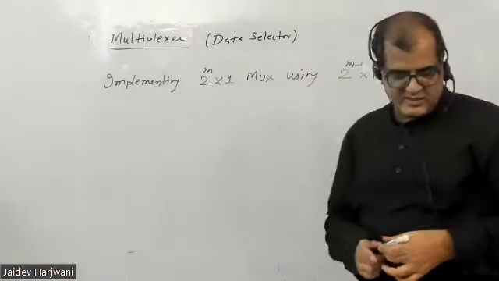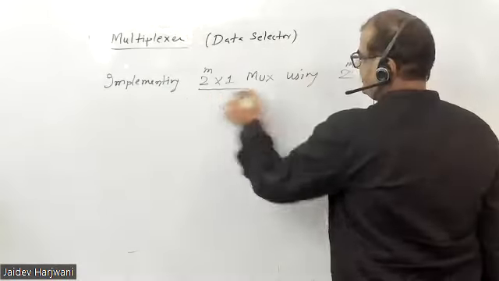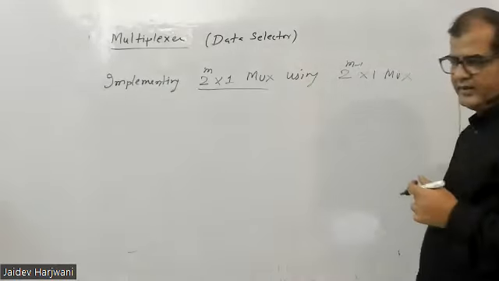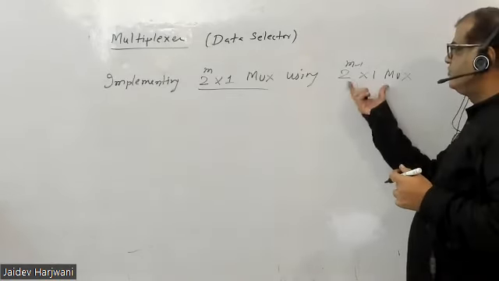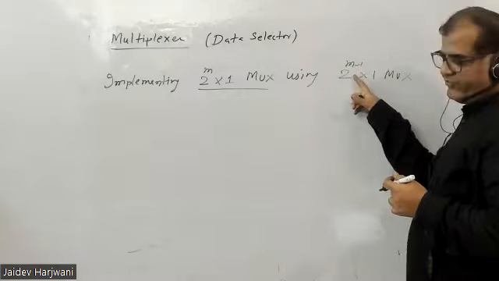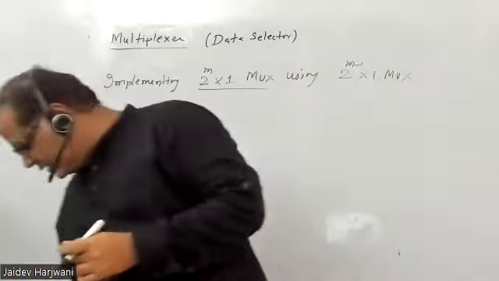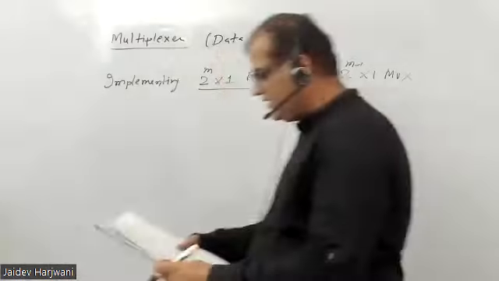That means if it is a 3 variable function, that means 8 inputs, how will we implement it using 2^3 minus 1, that is a 4 into 1 mux? So that is also very easy.